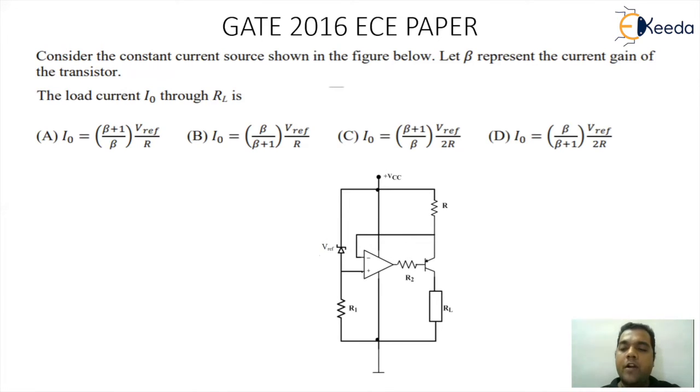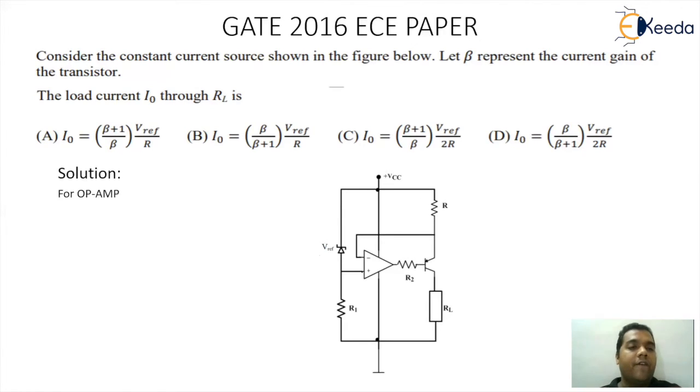So the terminal points will be as good as equipotential points. With that concept, the lower end of the reference Zener diode will be as good as at the minus pin. So the top pin is at VCC and the bottom is at the minus pin. It is as good as the V reference coming directly across the resistor R.